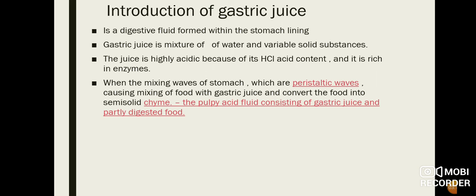Peristaltic waves are basically the contraction and relaxation of muscles, just like the contraction and relaxation that happens in our esophagus. Just like that, the same peristaltic waves happen in our stomach, and it helps get the food mixed with the gastric juices and digested.